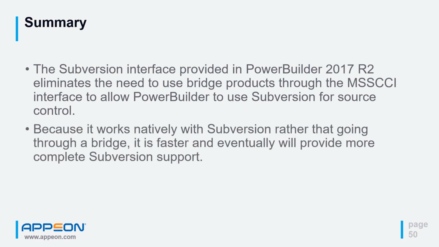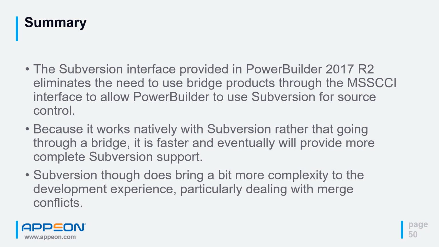So if you used Subversion in the past from PowerBuilder through MSSCCI, you should see that this is faster. And it will eventually provide more complete support for Subversion than is available through the bridge product. But as we've discussed, there is some complexity in the development environment, particularly the potential for merge conflicts.